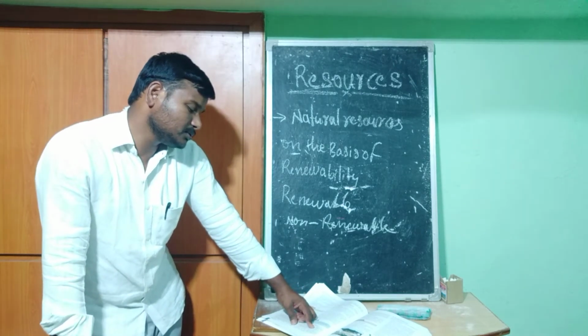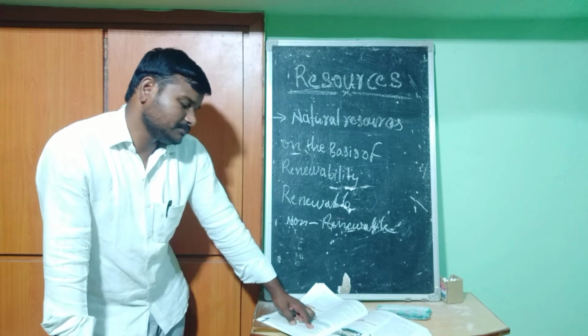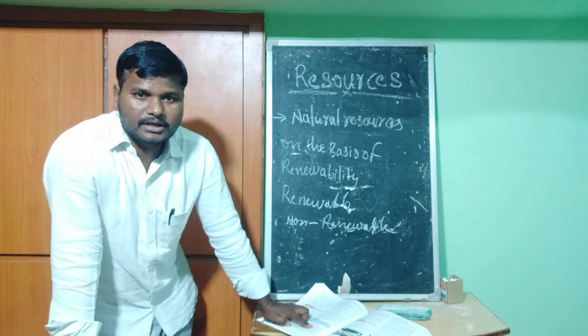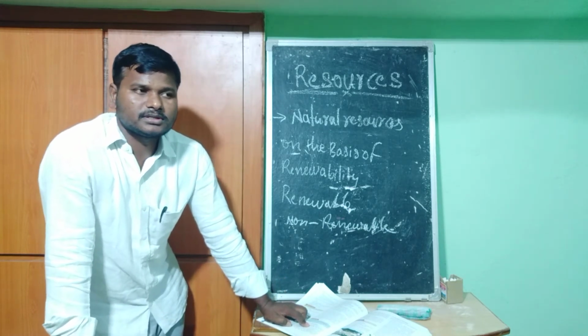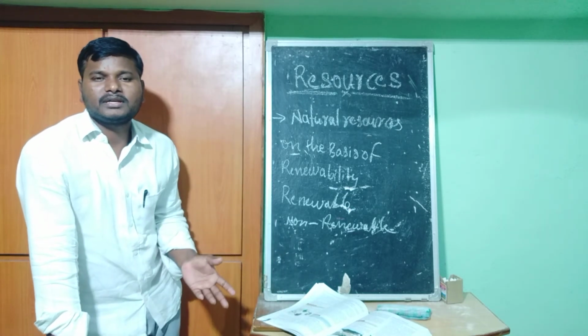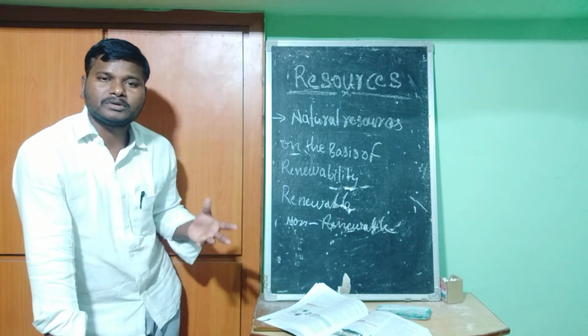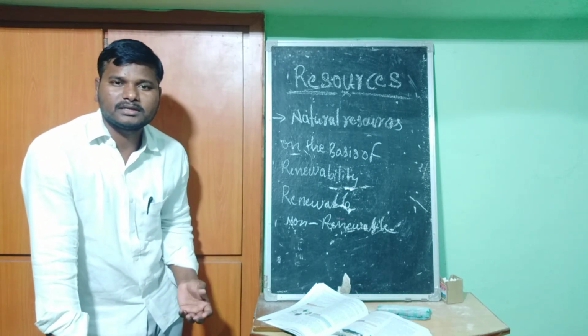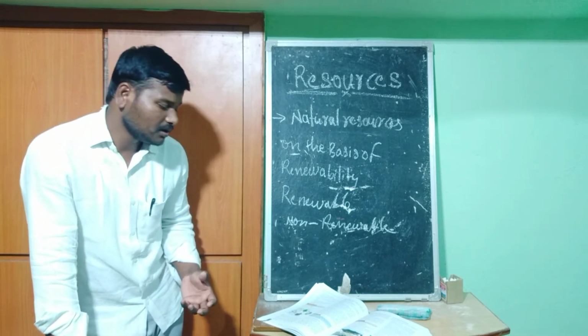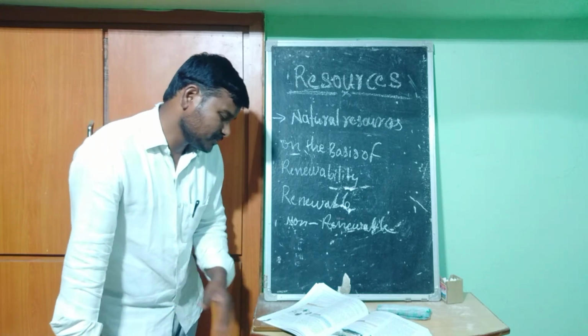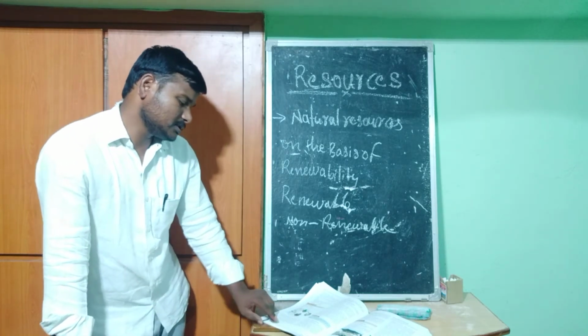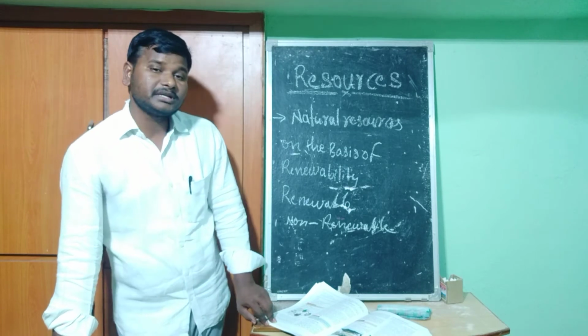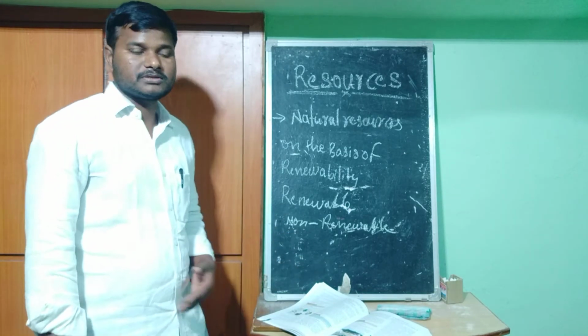They are also called inexhaustible. They can't be exhausted, and continuously we can get them. How many years you want, that many years you can get it. They are called inexhaustible resources. Their quantity is not limited.